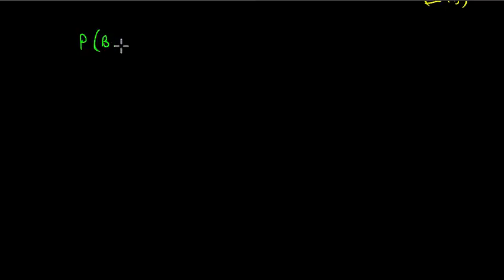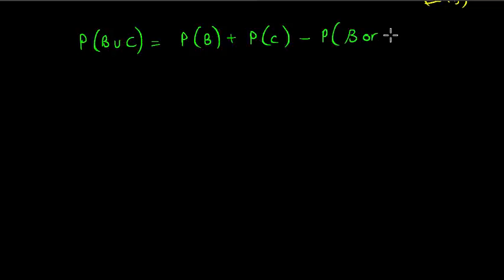P(B or C) is equal to P(B) plus P(C) minus P(B and C). This is always true. But we knew that B and C are mutually exclusive. That means they have nothing in common, so they have no intersection. So this is equal to 0.